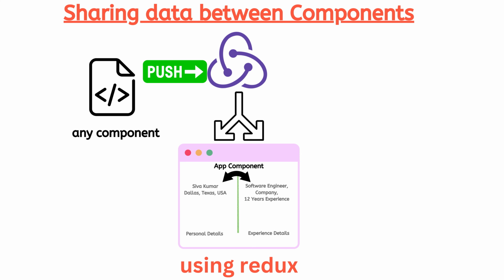With this Redux, we can push the data from any component to the Redux, and we can get the data from the Redux in any component. This will act like a database, but which will be held on the UI side. As long as you want to maintain the data within the UI itself, you can simply push the data to the Redux, and at the same time you can get the data from the Redux.